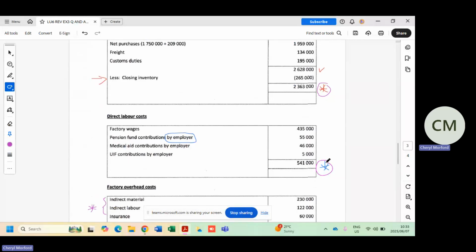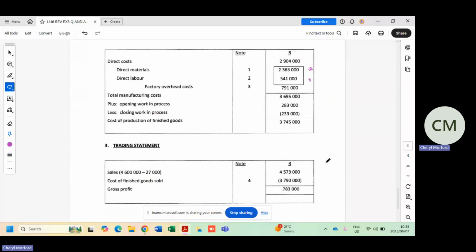So we're just transferring those into the production cost statement. Note over here, the notes, yes, note 1, note 2. Add those together. So those direct material, direct labor is your total direct cost, which we write up there, of 2,904,000.